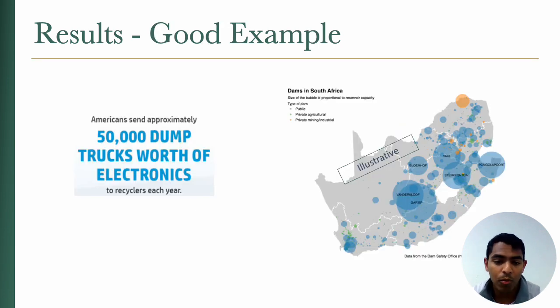This, on the other hand, would be examples of strong visualizations for our case study. Looking at the first example, the first example makes the magnitude of waste generated relatable and conceivable, using dump trucks as a metric as opposed to tons, which can be quite obscure.